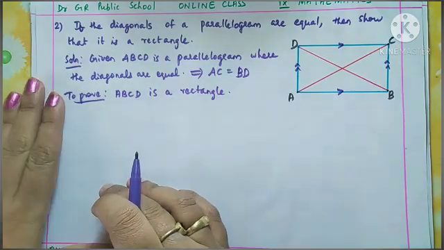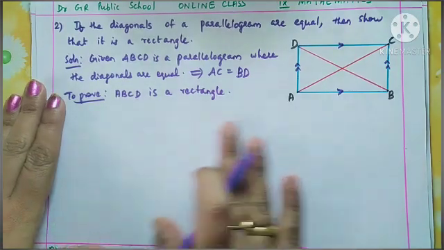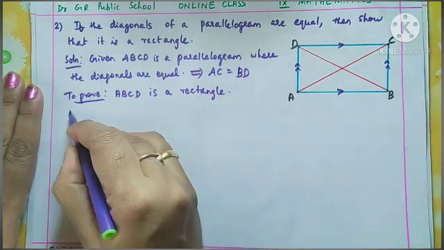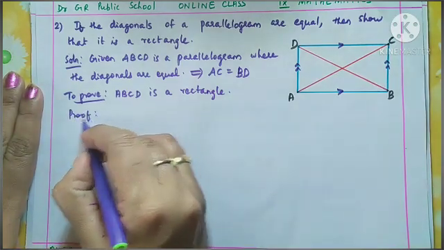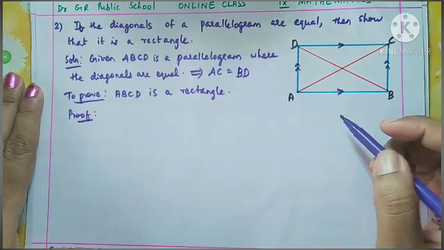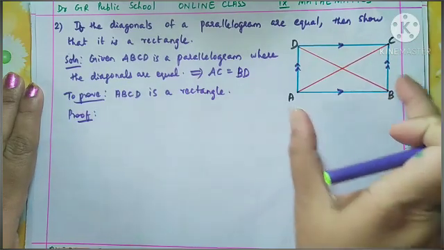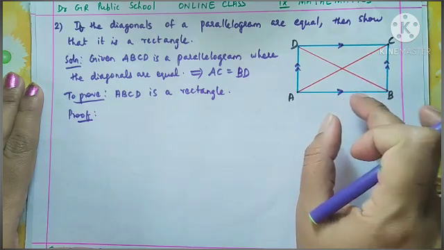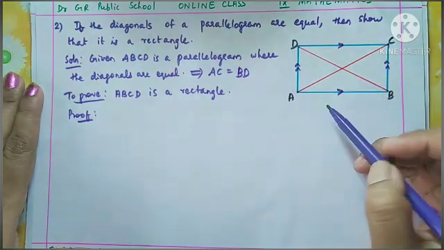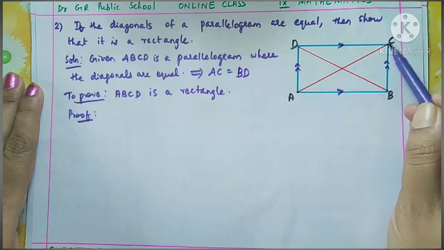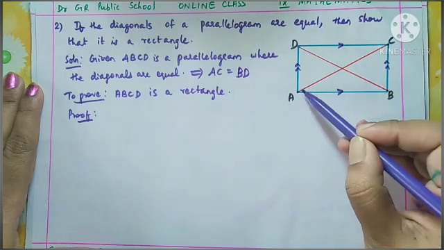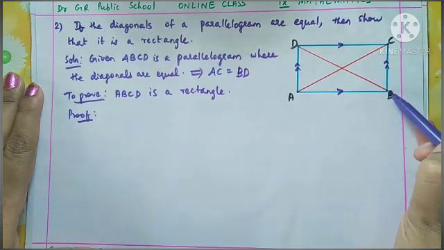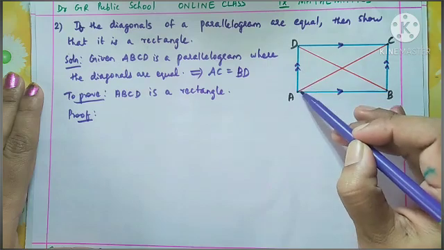So we want to prove this is a rectangle. Okay. So now let us see how we are proving this as a rectangle. So start the proof. Yes. All of you listen here carefully. In this parallelogram, we are going to consider two triangles: triangles ACB and BDA.